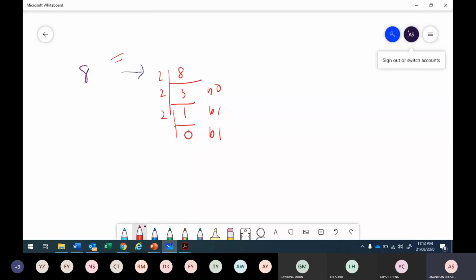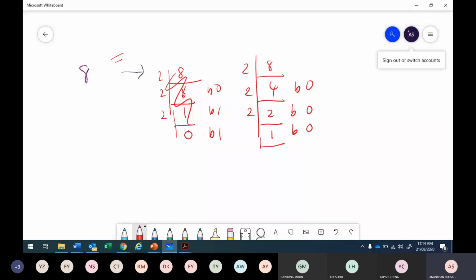What I'm doing is 4 times 2 is 8, so the balance is 0. 2 times 2 is 4, so the balance is 0. 1 times 2 is 2, so the balance is 0. Now we stop here once you got 1. So 8 is actually 1000.